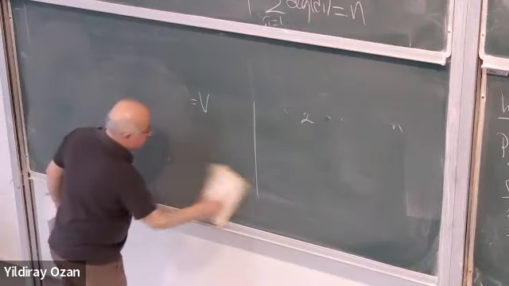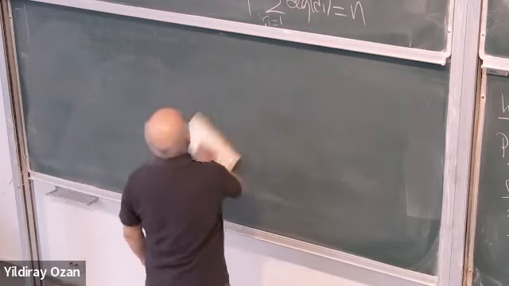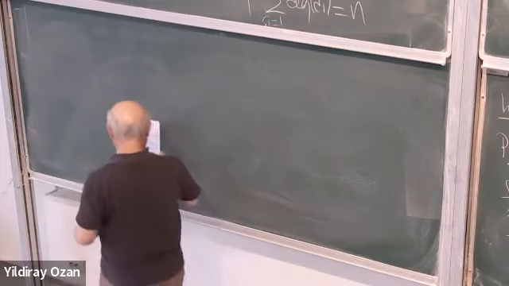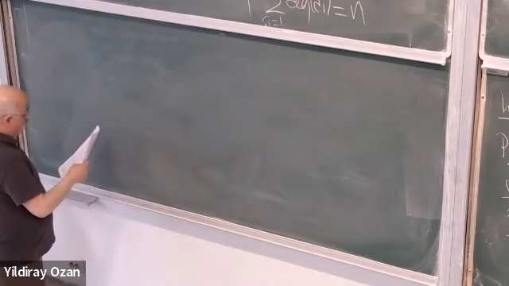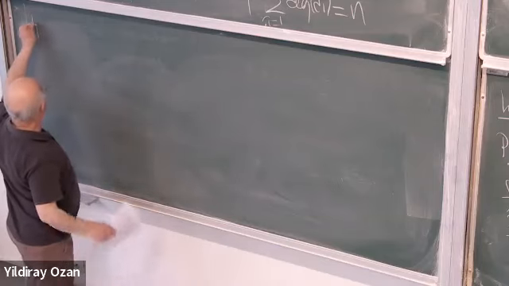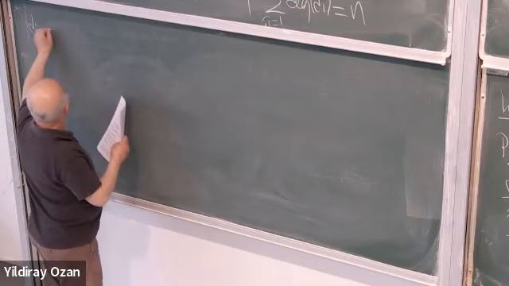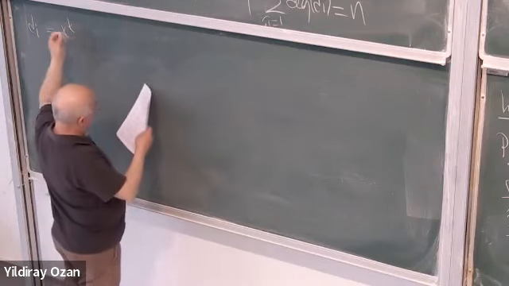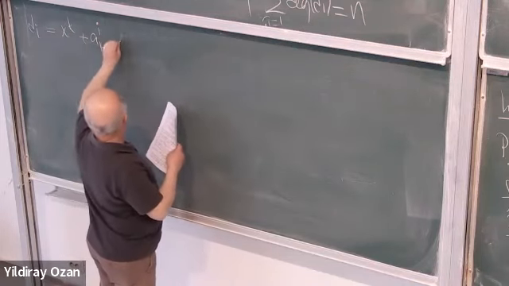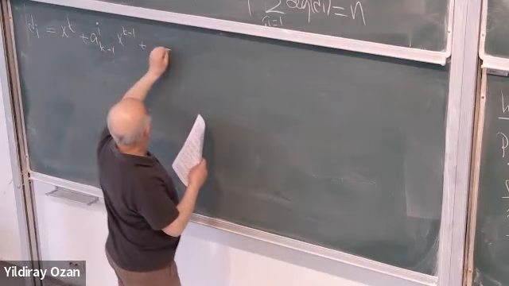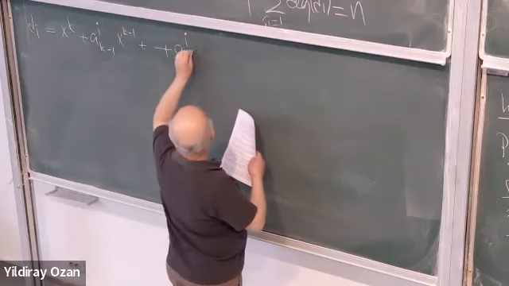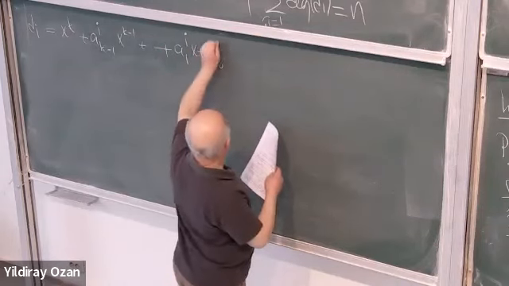Niye yapıyorum bunları? Şu yüzden yapıyoruz. Now, let's say the ith polynomial is something like this: x to the power k, a_{k-1,i} x^{k-1}, and then a_{1,i} x and a_{0,i}.